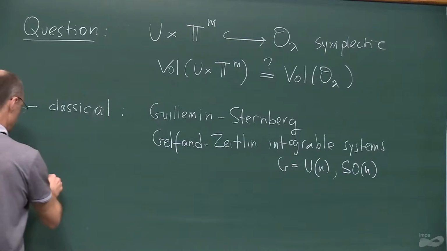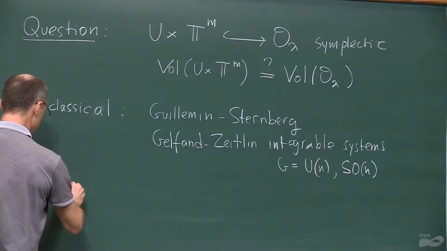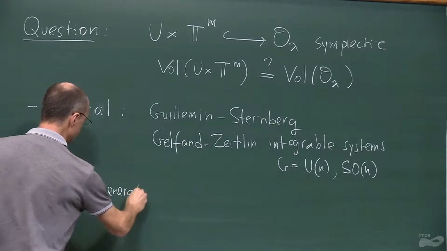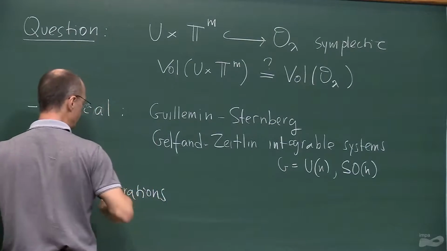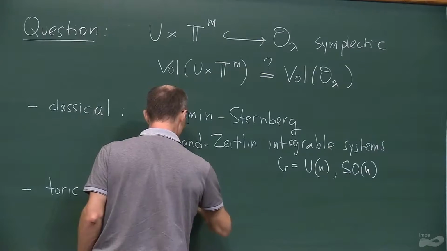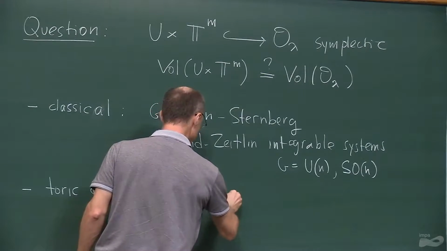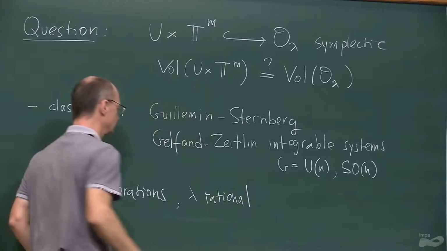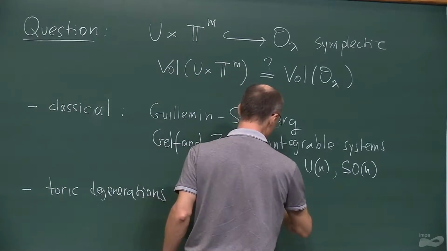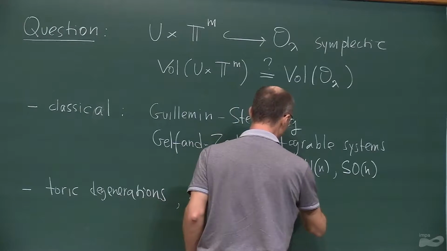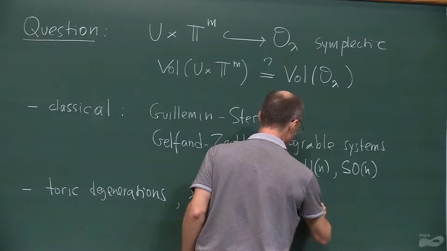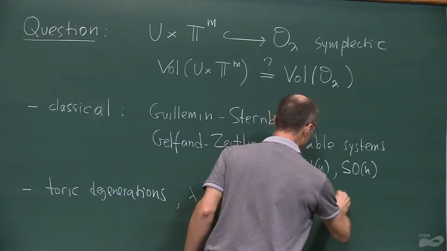Now there is the whole technology called toric degenerations, which is doing this for lambda a rational element of T*. One of the important works is by Harada, Kaveh, and Kiumars.